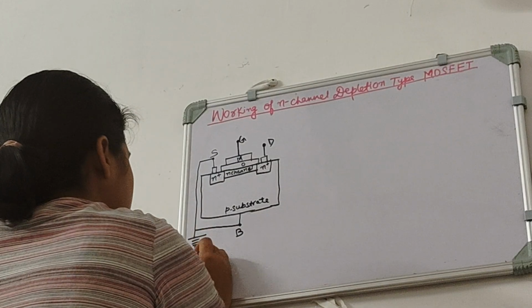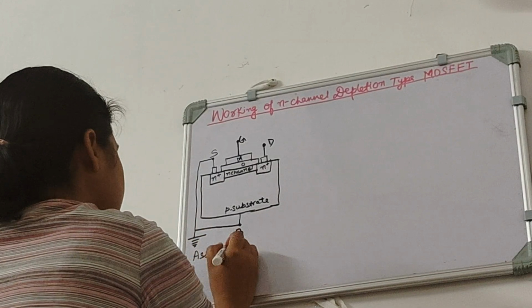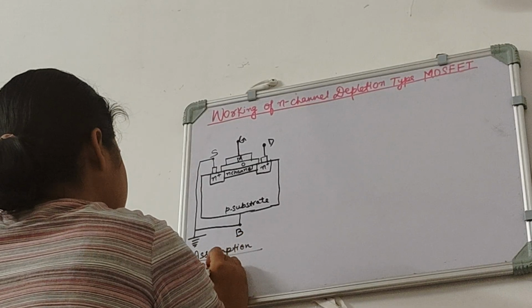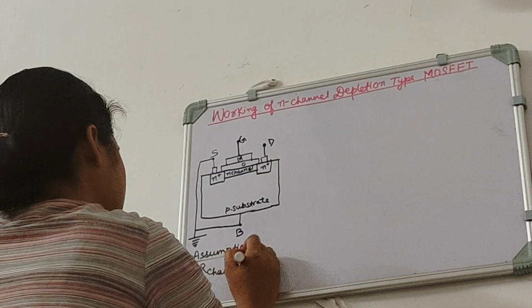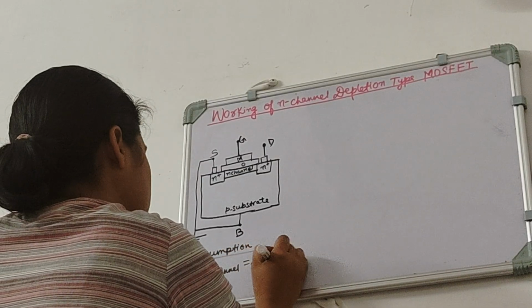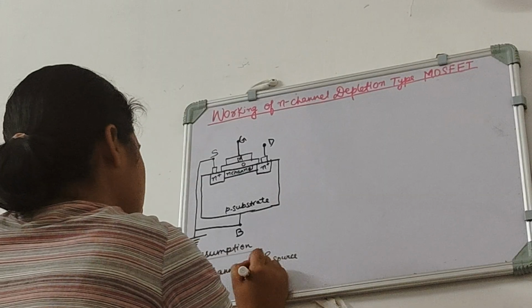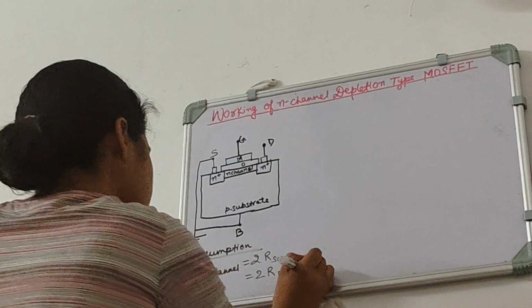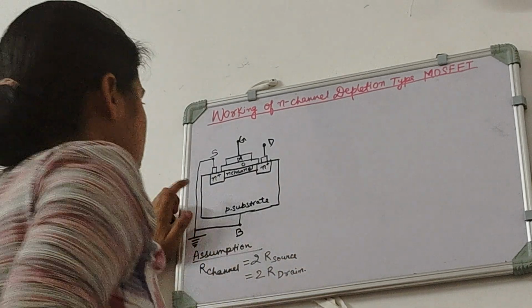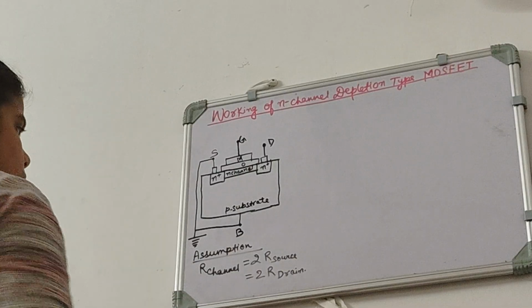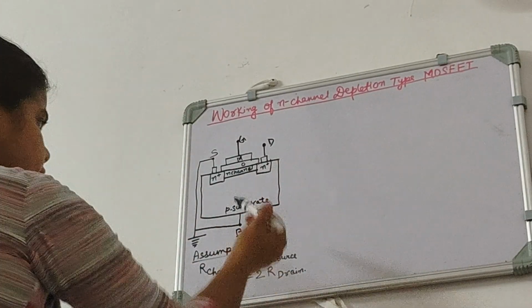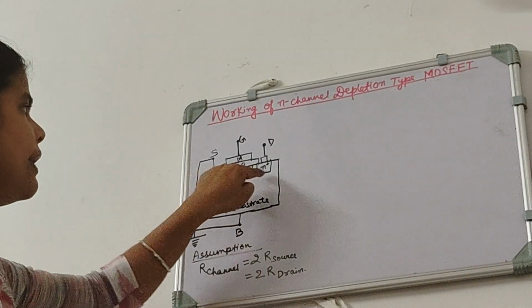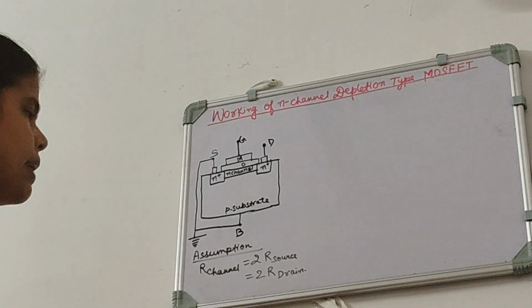So the assumption is that our channel equals twice our source, which is also equal to twice our drain. And one more thing, here we can see that our substrate is of p type and our source, channel and drain are of n type, n plus.